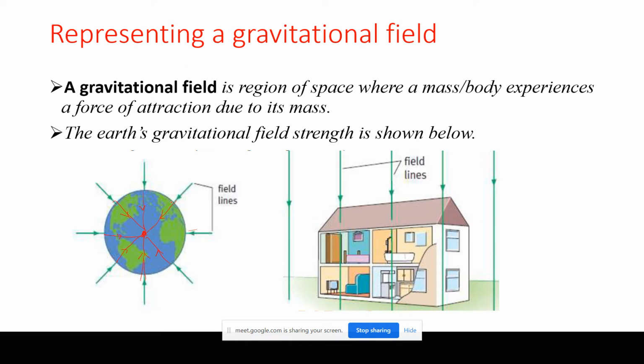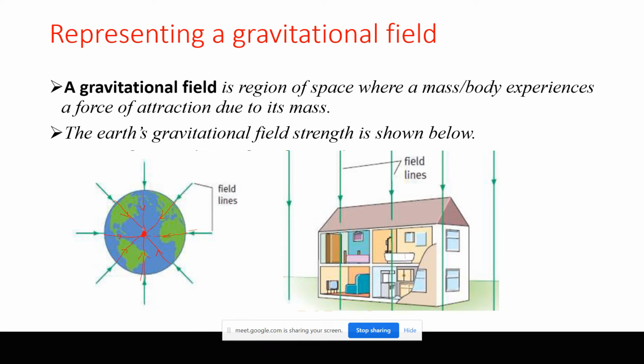Even when it is not perfectly spherical, the field lines from all points around the Earth appear to be pointing towards the Earth. Why do we draw them pointing towards the Earth? Because the Earth attracts everything towards its center.